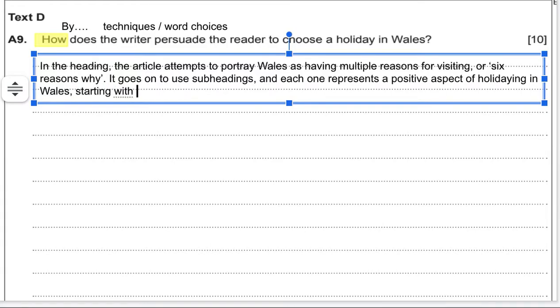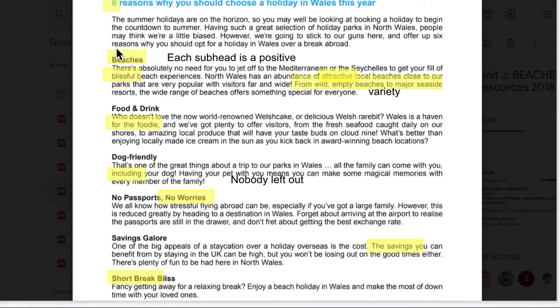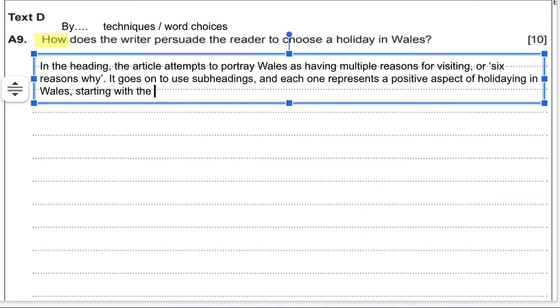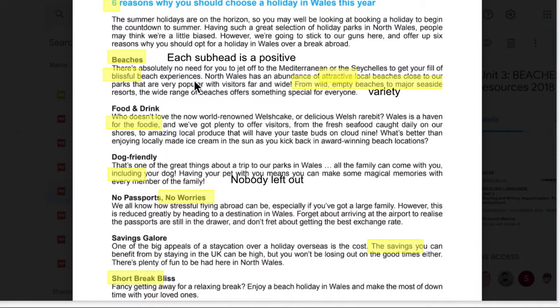Starting with, then I can just embed the quote again, starting with the beaches. Okay, what did I have next?